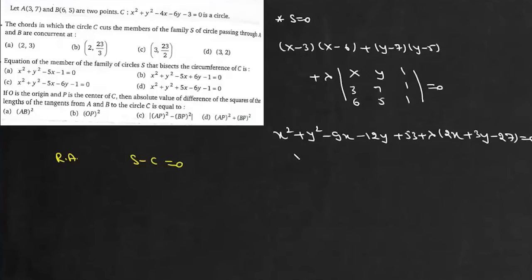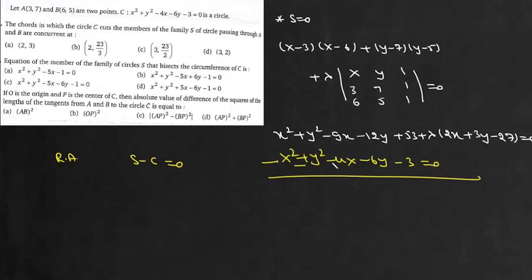So if we subtract it, we get x square plus y square minus 4x minus 6y minus 3 equals to 0, and it will be minus minus plus plus, and x square, y square will cancel.